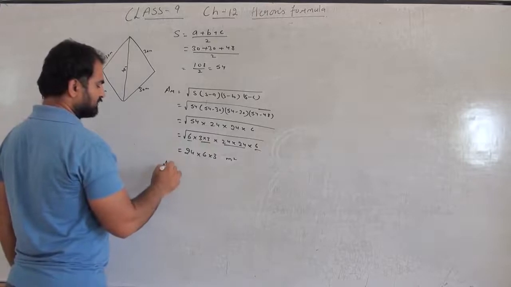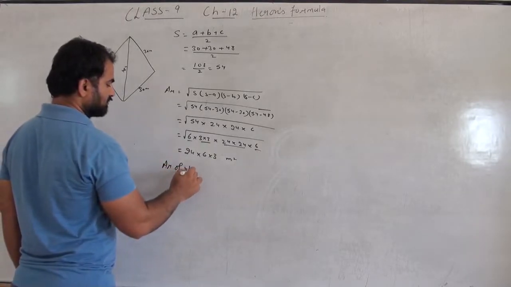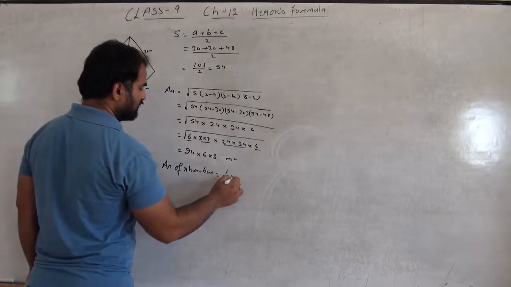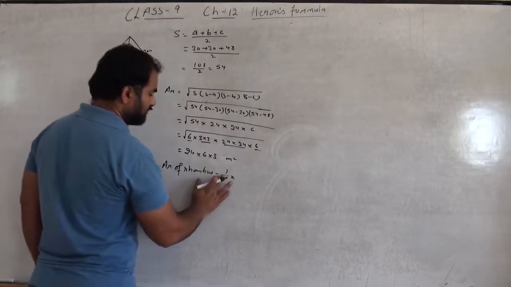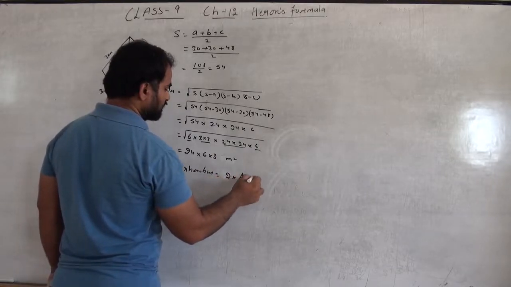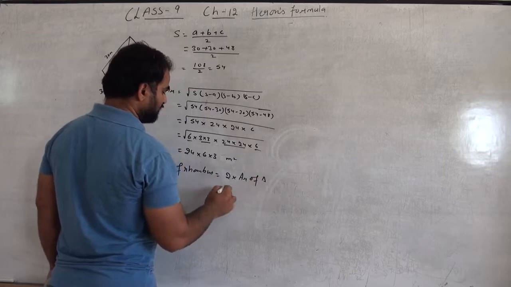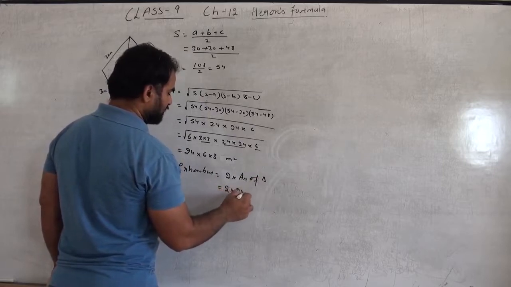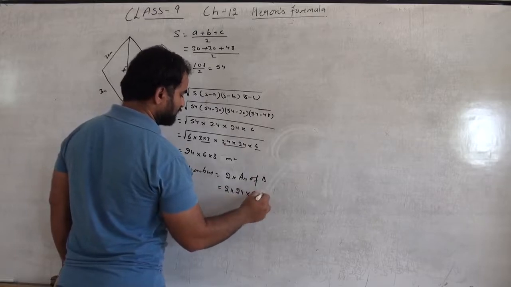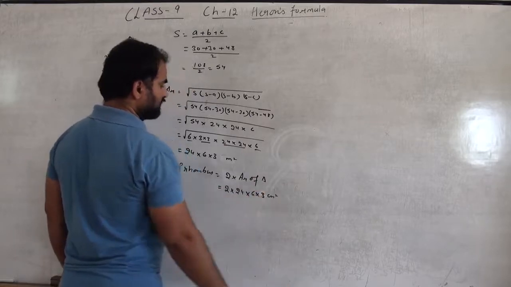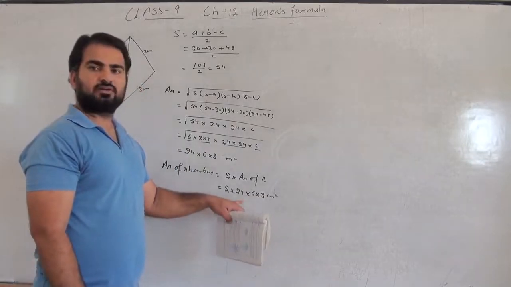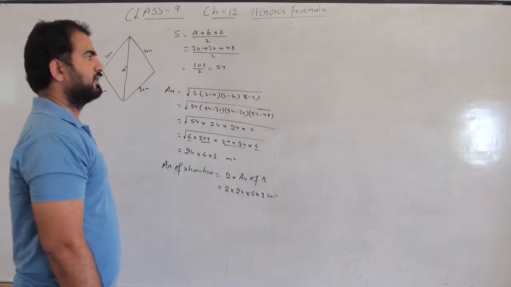So area of rhombus equals 2 into area of triangle, equals 2 multiplied by 24 into 6 into 3 meter square. I am not multiplying it right now because we will have to divide it.